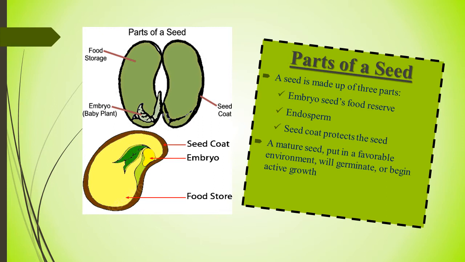The upper part of the cotyledon is called epicotyl, and hypo is the lower part of the cotyledon, while epi is the upper part. From the upper part, the shoot is developed, and from the lower part, the root is developed in the plant.